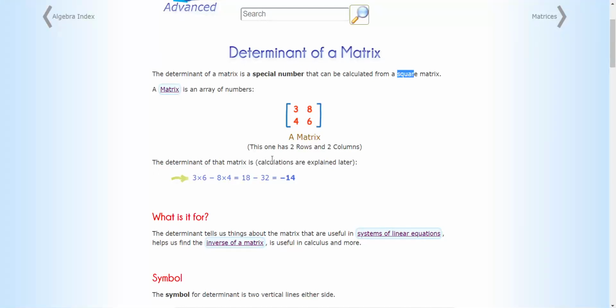The calculations for the determinant are explained later. So, 3 multiplied by 6 minus 8 multiplied by 4.